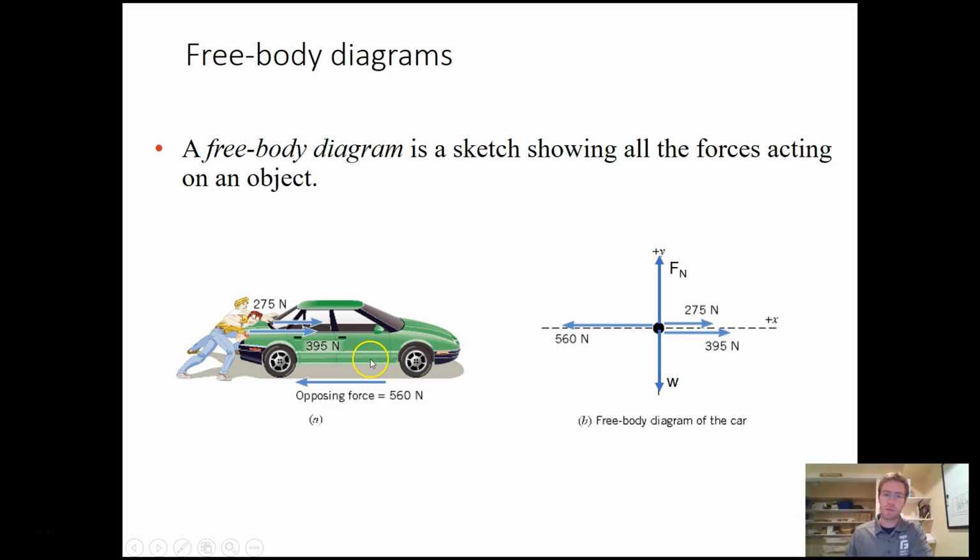Even though it's not labeled here, we know it's a car, so it has a weight force, the force due to gravity, and since it's sitting on the road, there's also a normal force in the upward direction. Notice I label each of these 5 forces with their relative lengths for magnitude as well as the direction shown in the picture.